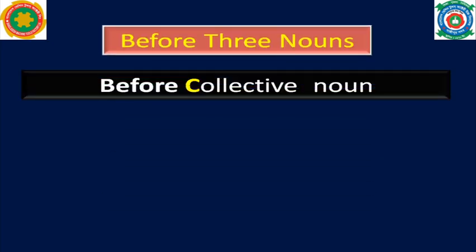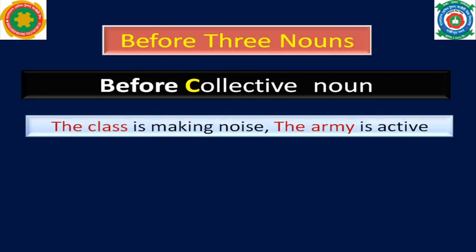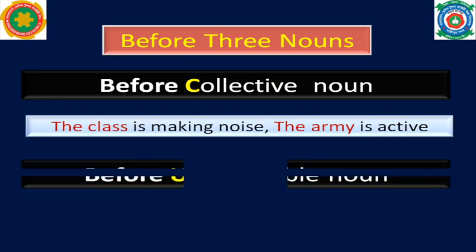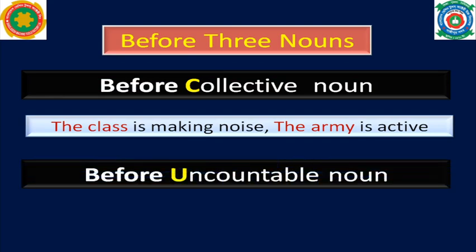Before three nouns, you know collective noun, right? So before collective noun, you have to use the. The class is making noise. Here the class, you might think that this word seems plural, but it's not plural. Class as a whole is a singular group.